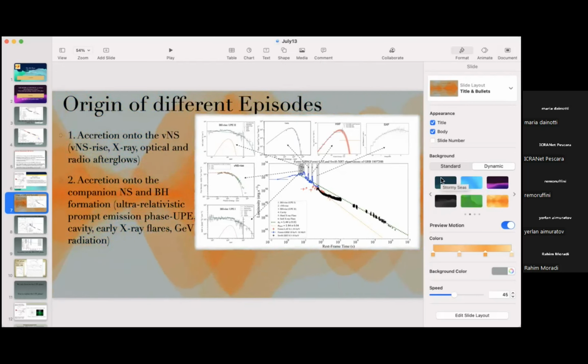This is the key point: the accretion of the supernova into the new neutron star creates the black hole and generates that energy, and the accretion of the supernova ejecta on the new neutron star gives us the X-ray afterglow.